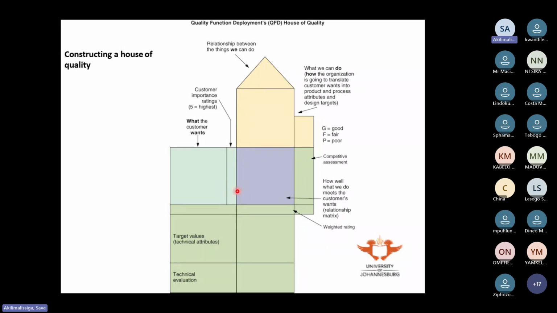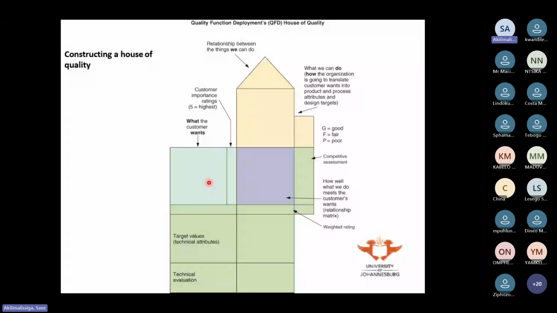Now, once you are done with this part, you move on with this section here. And this section here represents the things that the company does in order to satisfy customer wants. Based on your research analysis, customers will say what they want. Now, you as a business, how are you going to ensure that you meet those specific requirements?